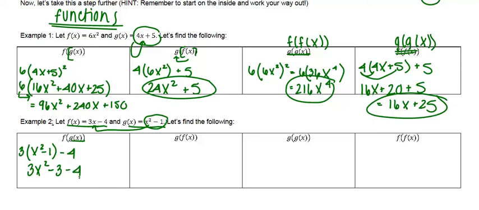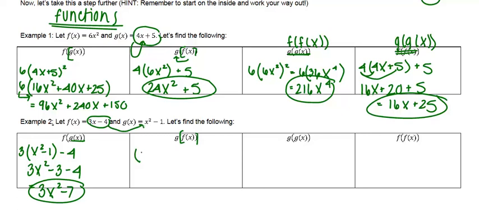So I'm going to have 3 times, and plug in my function for x, and then I'm going to subtract 4. So we can go ahead and distribute. So I have 3x squared minus 3 minus 4. And as soon as you do all that, just make sure that you are simplifying. So our final answer should be 3x squared minus 7.